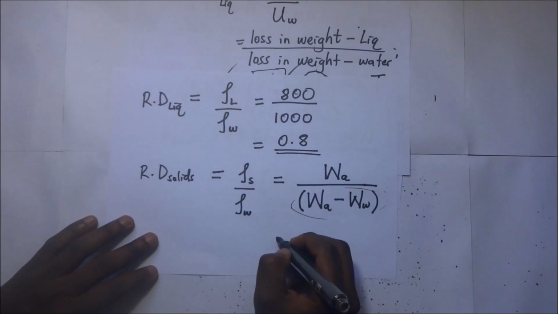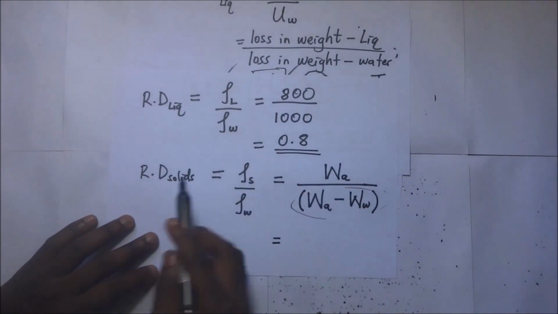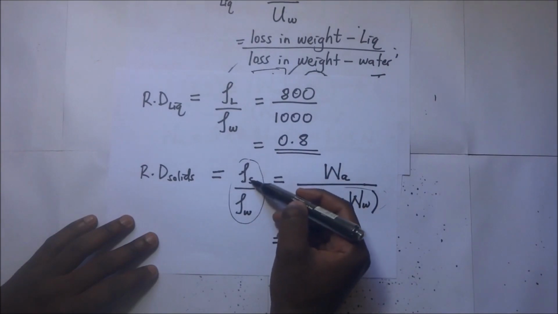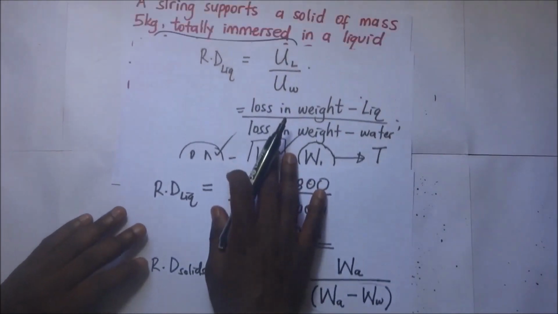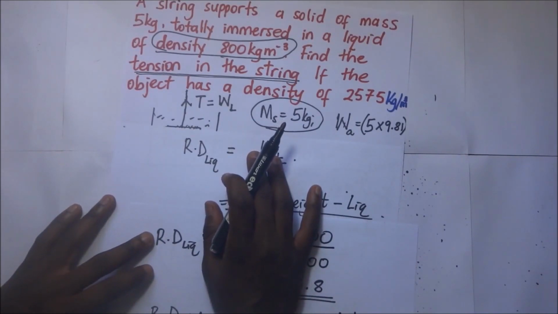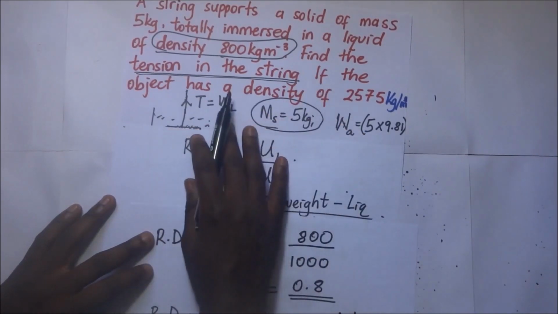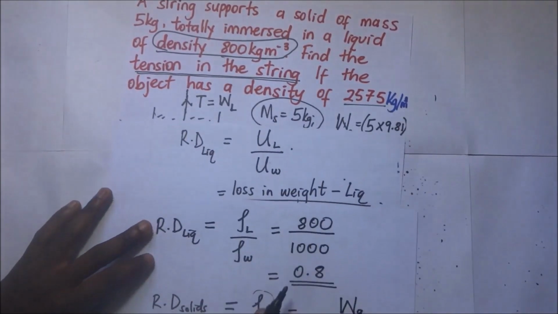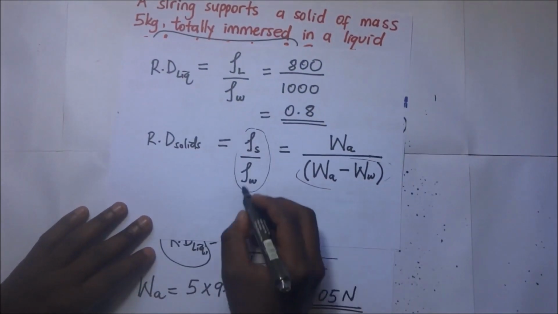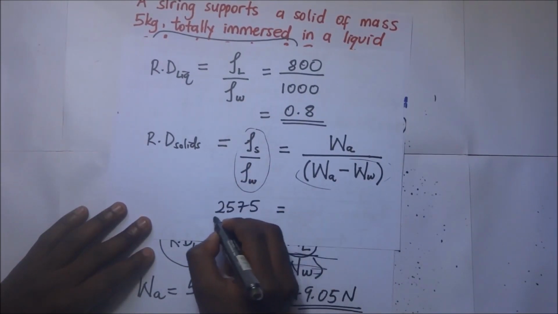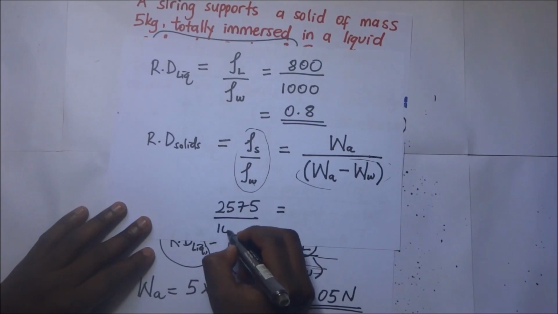Of course, the relative density of the solid, we have the density of the solid already in the question. Yes, the object has a density of 2575. So the density of the solid is 2575, divided by the density of water, which is 1000.